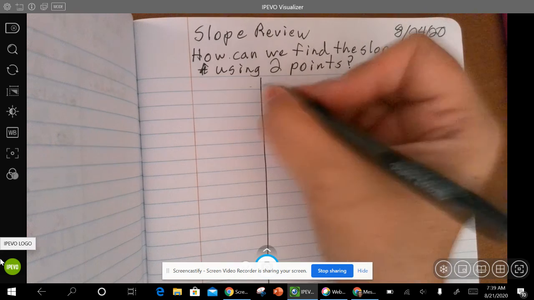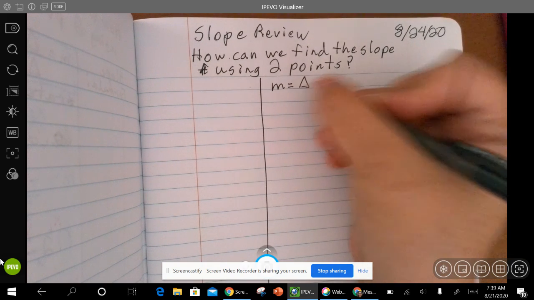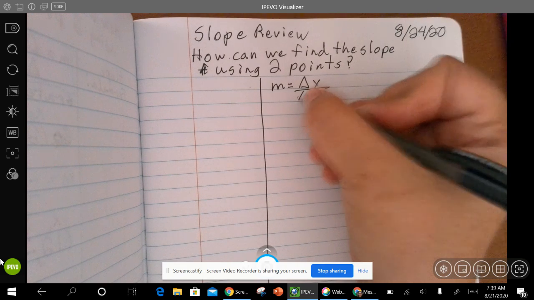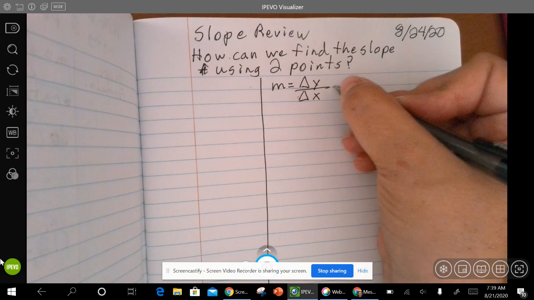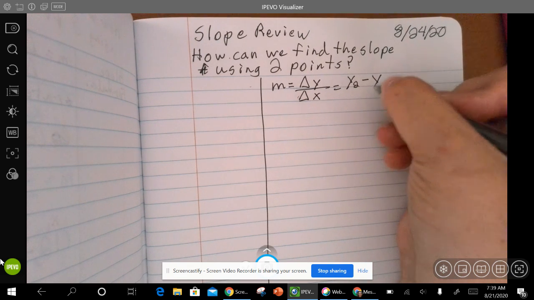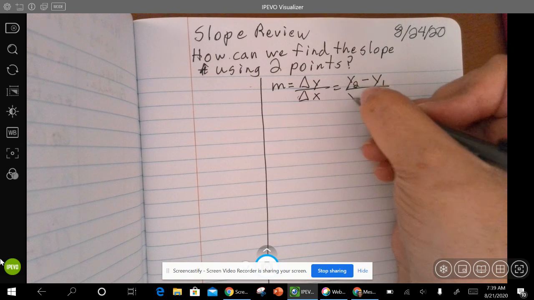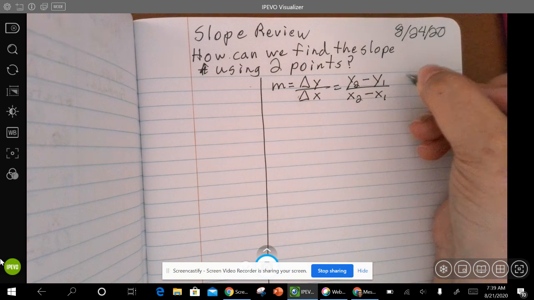Okay, so slope. So our slope formula is equal to change in y, and that triangle symbol means delta, over change in x, and it's y sub 2 minus y sub 1 over x sub 2 minus x sub 1.